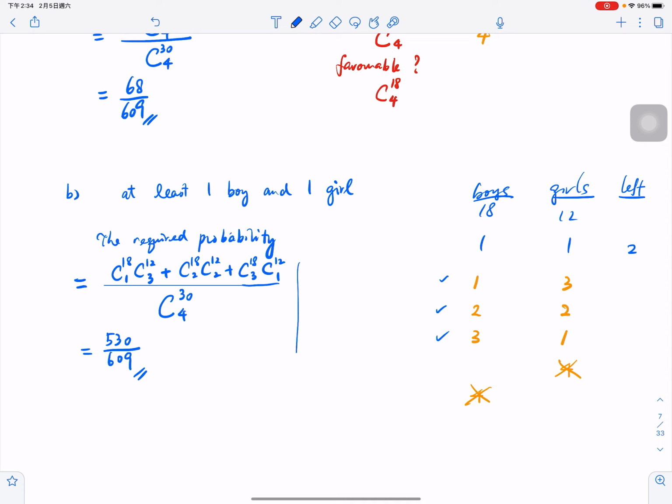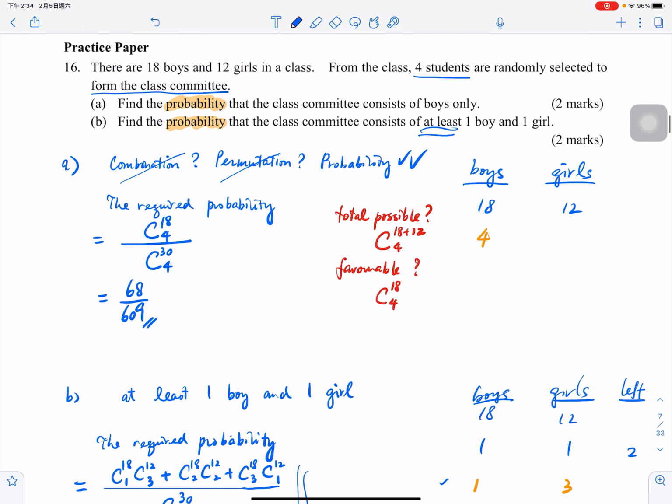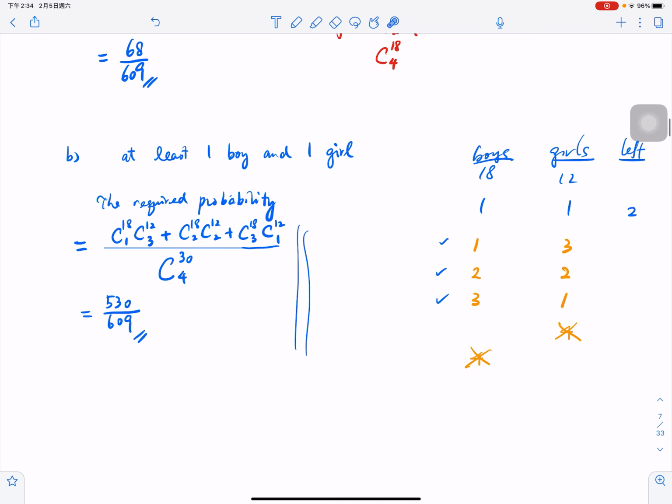Okay, besides this method, do you think you can use the above result, boys only? If boys only, girls only, these 2 are the complementary events of at least 1 boy and 1 girl, right? So you can do 1 minus 68 over 609, and then minus the all girls situation, that means 12C4 over 30C4.